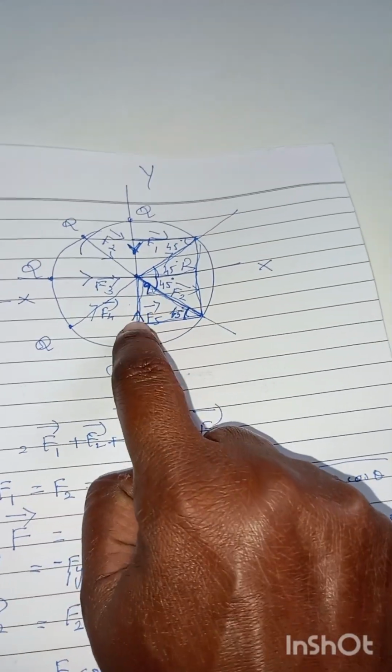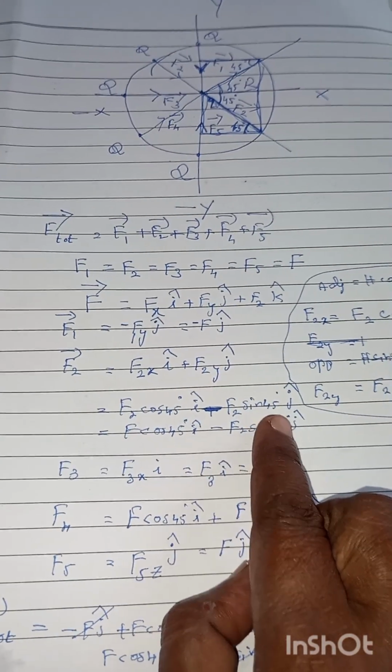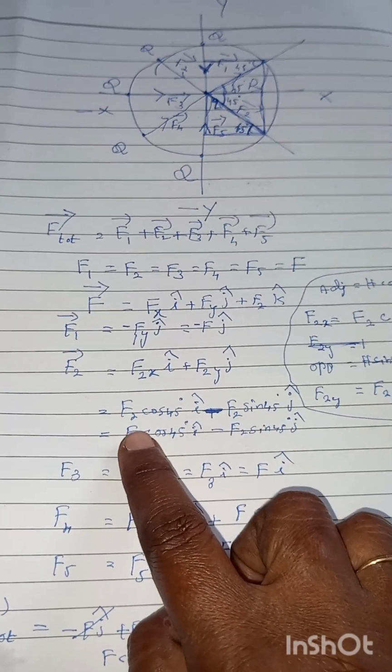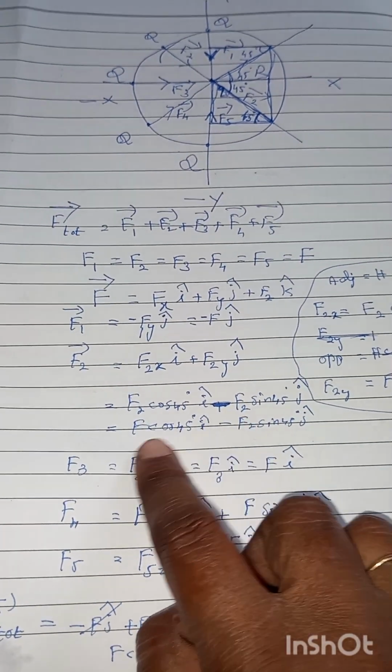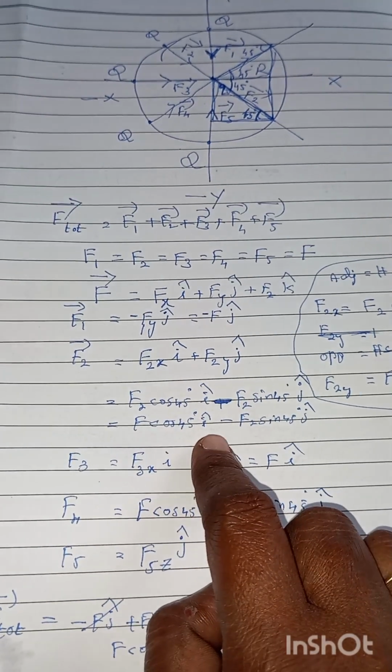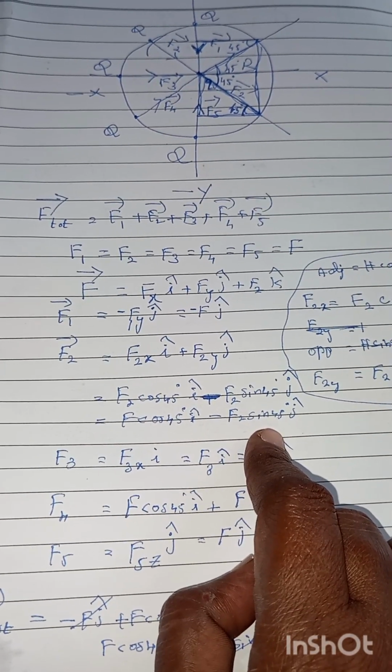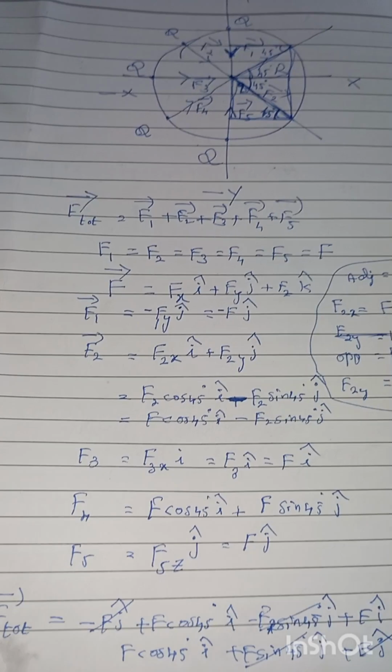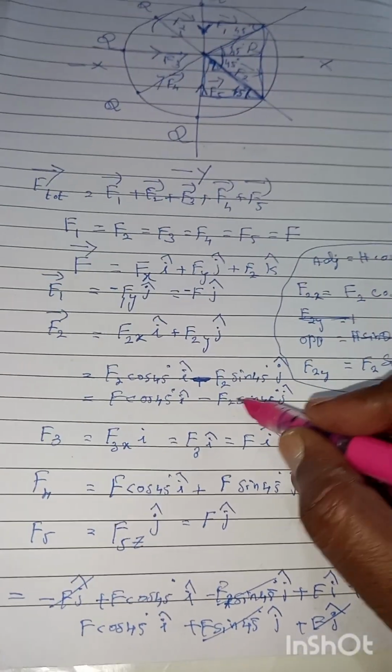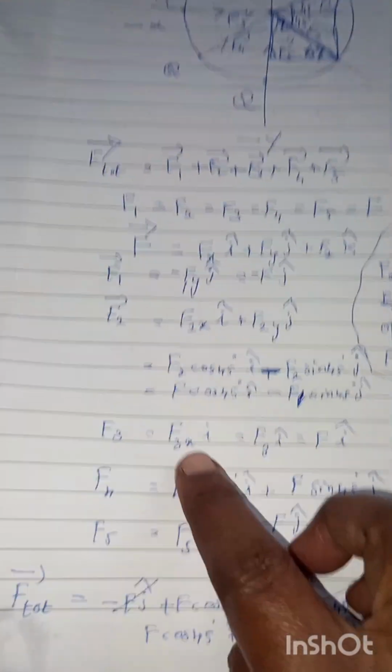F2 can be commonly taken as F. So F cos 45 i cap minus F sin 45 into j cap.